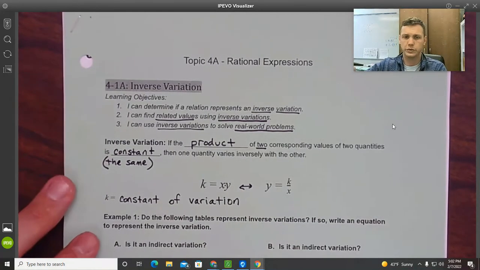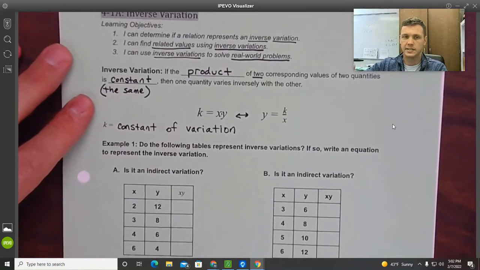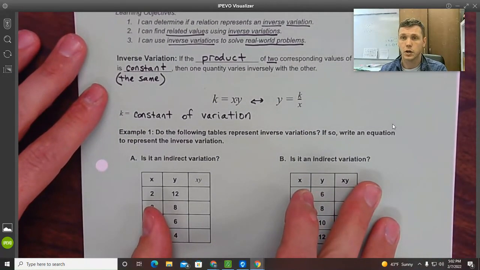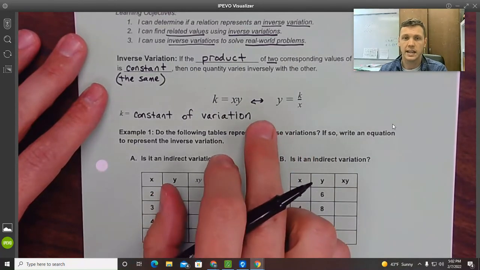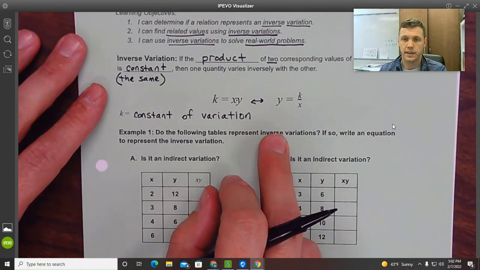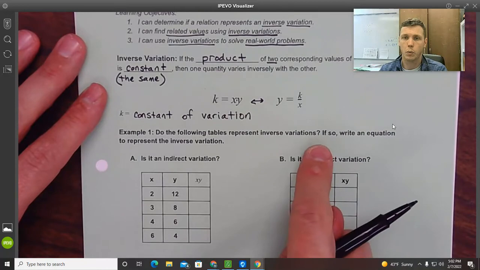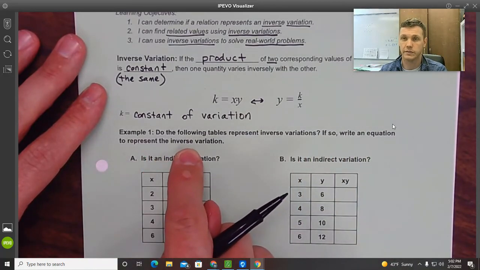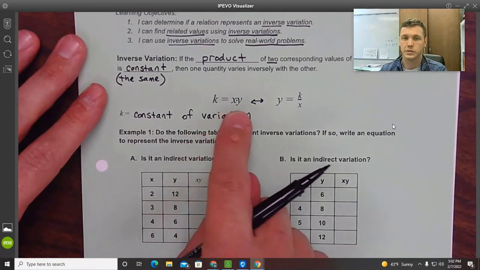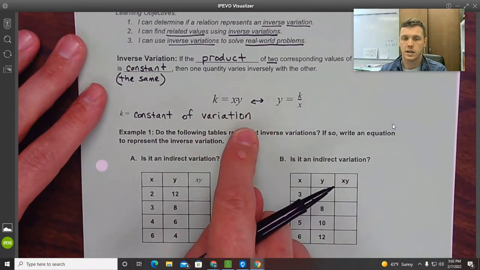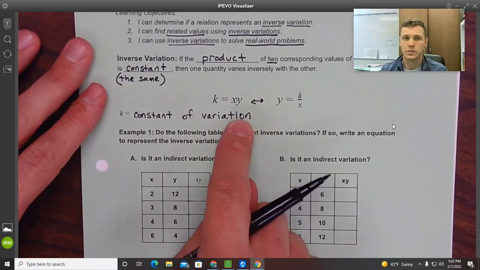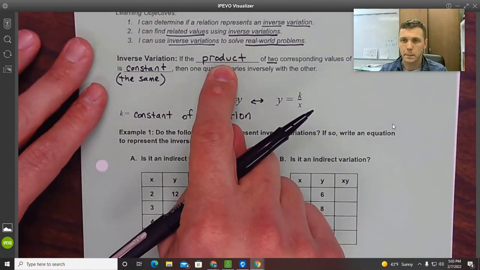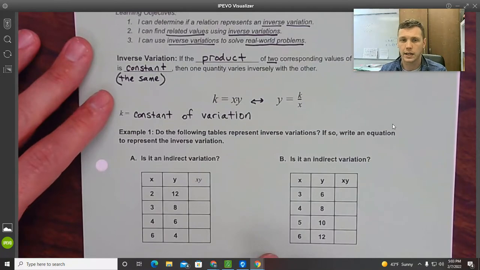All right, so what we're going to do first is in example one, we're going to determine if the table of values represent an inverse variation. If so, we're going to write an equation to represent the inverse variation. So how do we know? It says first, if the product, product means to multiply.